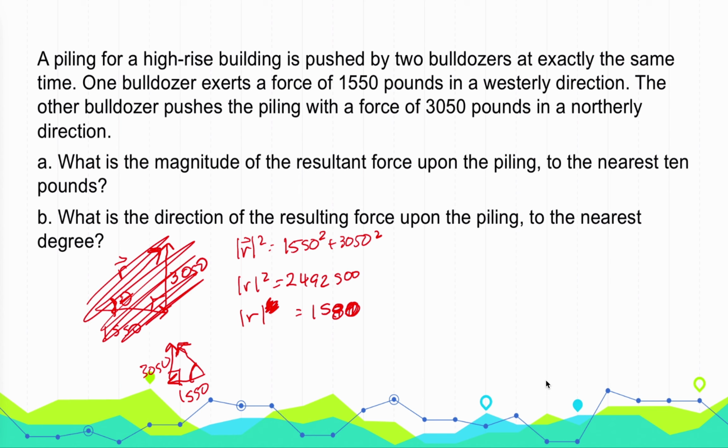So we know the opposite and the adjacent sides. We're going to use tangent. Tangent of angle theta is the opposite side over the adjacent side.